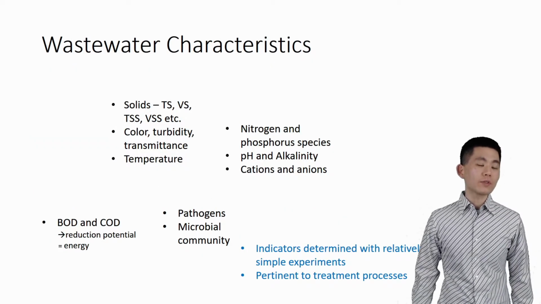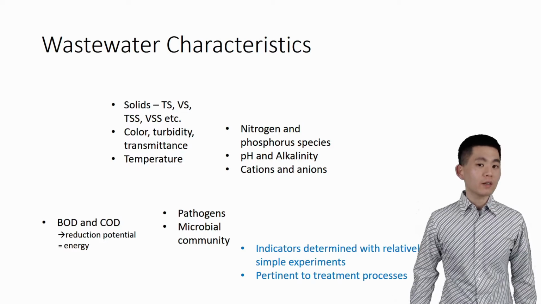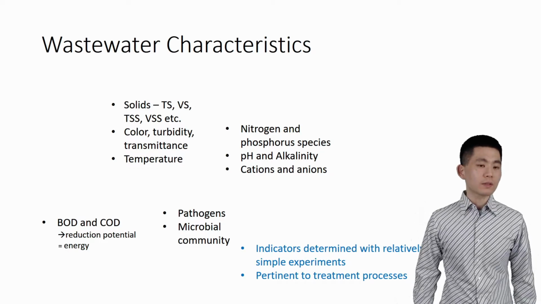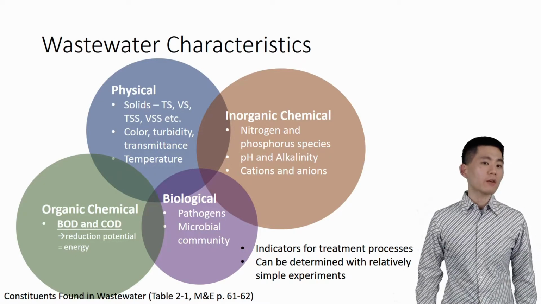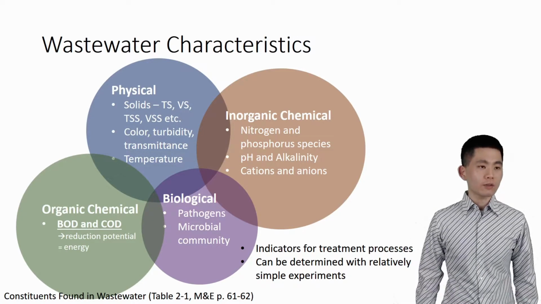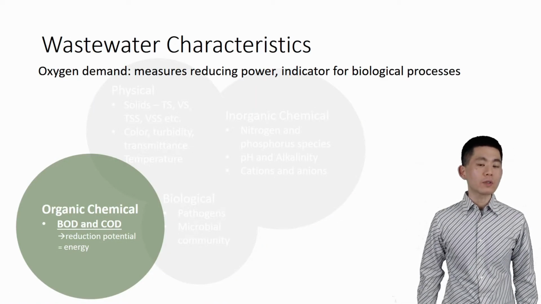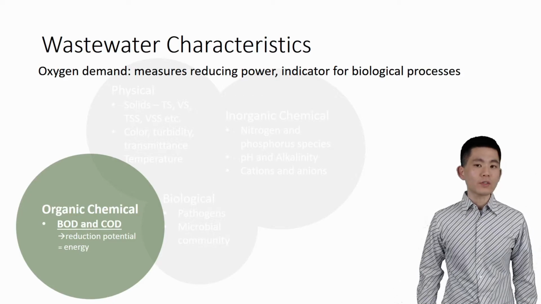These constituents are summarized to indicators that can be determined experimentally and that are pertinent to the treatment processes. We can categorize them into physical, inorganic chemical, organic chemical, and biological characteristics. One of the most commonly used characteristics is the oxygen demand.